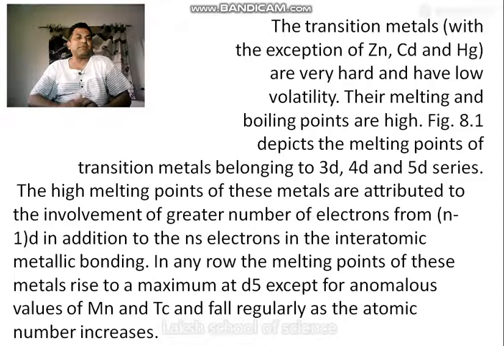Okay, so now after completing this we are going to reach the next point. The transition metals, with the exceptions of zinc, cadmium and mercury, are very hard and have low volatility.